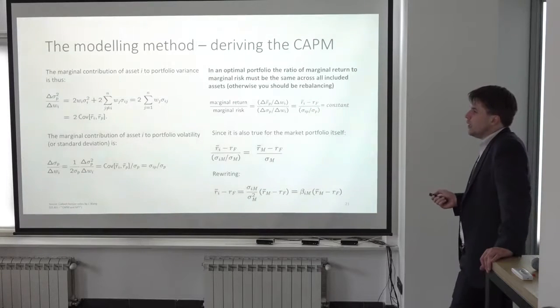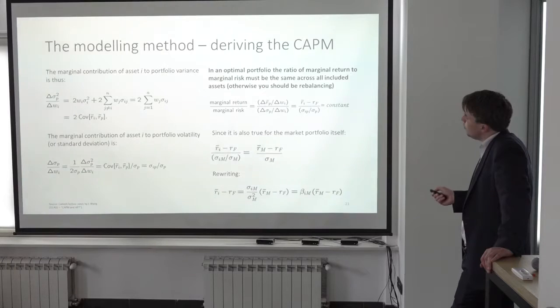What are you really assuming here? You're assuming that you're dealing with an optimal portfolio, and the CAPM is assuming that the market is in equilibrium. If you're in equilibrium and you have optimized everything, why does this have to be constant?